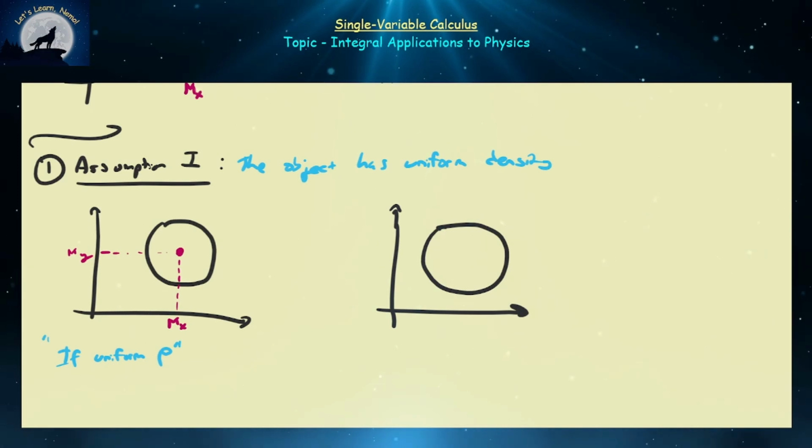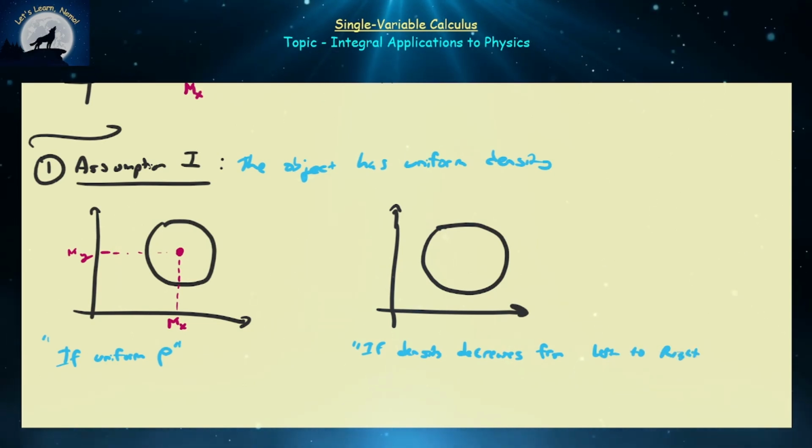But if it's not uniform density, for example, if density decreases from left to right, so in some sense it's extremely heavy here, not as heavy here, even less heavy here, and it's lightest over here, then you would probably expect the center of mass to be located somewhere towards the left, right?